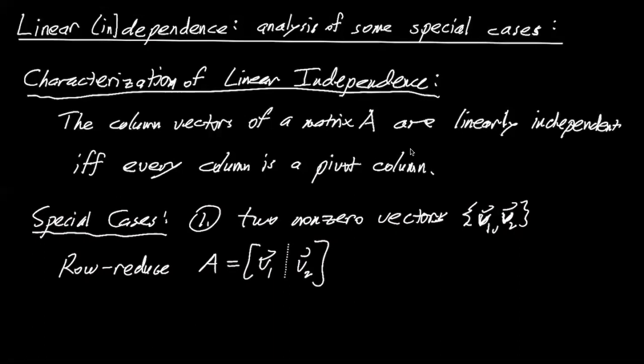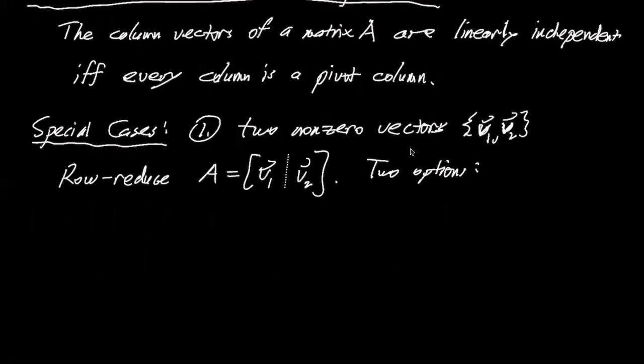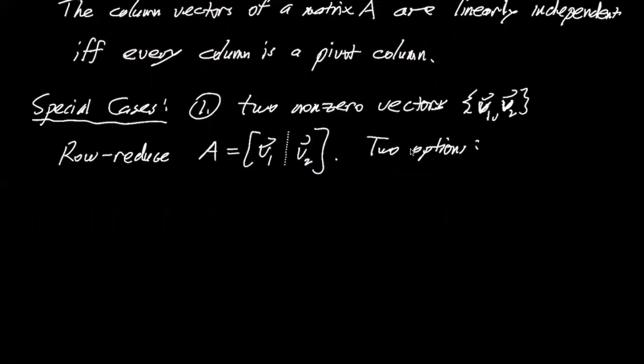Okay, and there's two options when we reduce this. The first option is that we get two pivots. We can't get no pivots because we're assuming these vectors are non-zero.